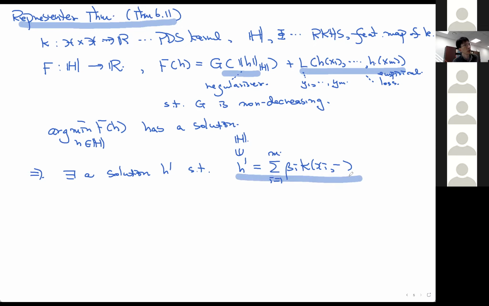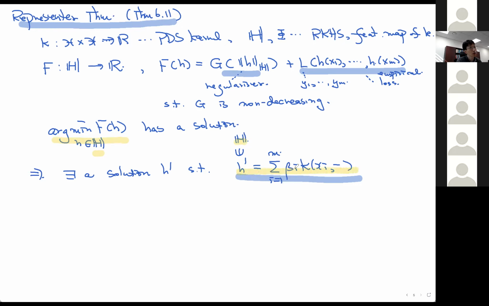So this means that when you search for a solution of this optimization problem, instead of searching over the entire Hilbert space H, which is extremely large, we can search over functions in this RKHS which have this particular form.